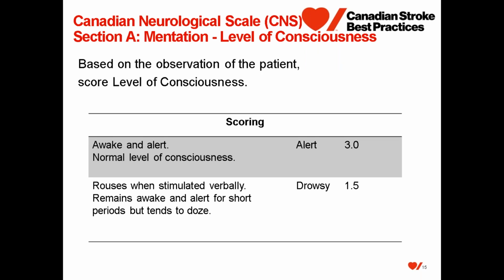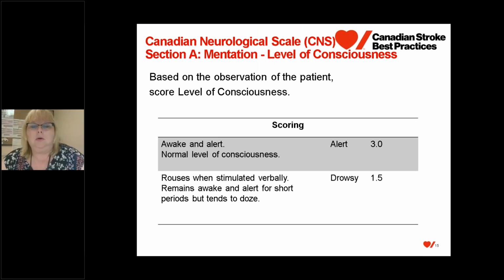So when we look at mentation, we start by looking at level of consciousness. Based on observation of the patient, we would score the level of consciousness based on either how the patient presents as being alert or drowsy.